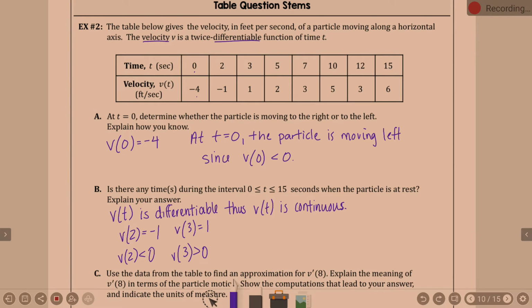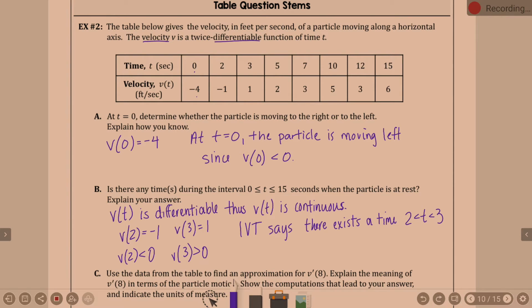IVT says there exists a time between 2 and 3 where the particle is at rest, or in other words, where the velocity is equal to 0. So good to review those theorems. Intermediate value theorem. So IVT, intermediate value theorem, write that down if you don't remember what IVT stands for, because you have to know it.